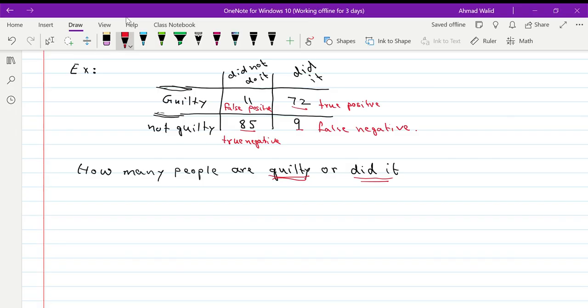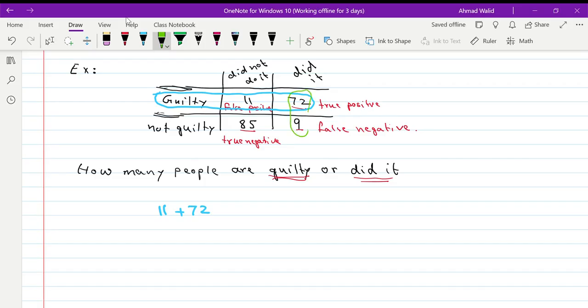To find the people who are guilty, I have to look at the first row, like this. This is the number of people that the judge announced guilty. It means 11 plus what? 72. To find the number of people that did it, I have to look at this column.